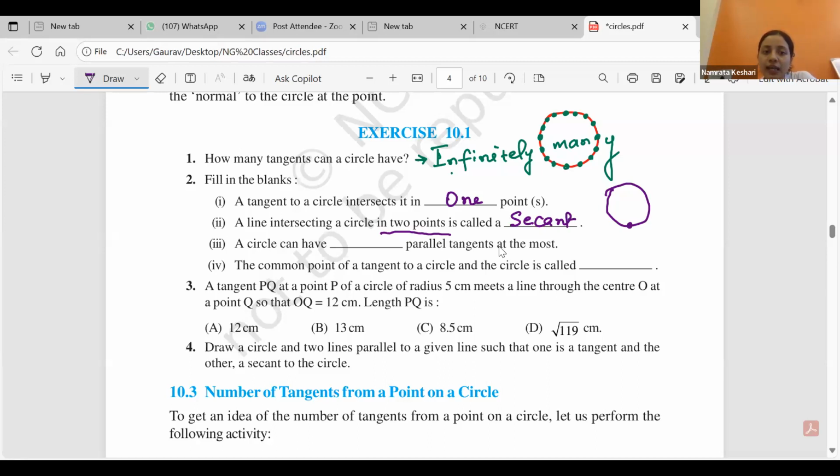How many parallel tangents can we draw at a time? In a circle at a time, how many parallel tangents can you draw?